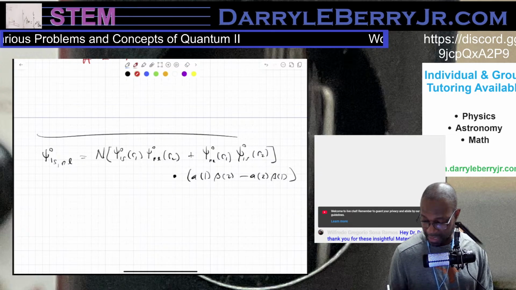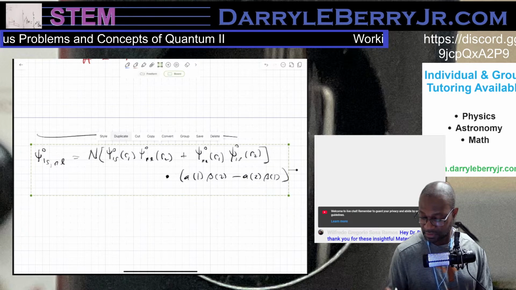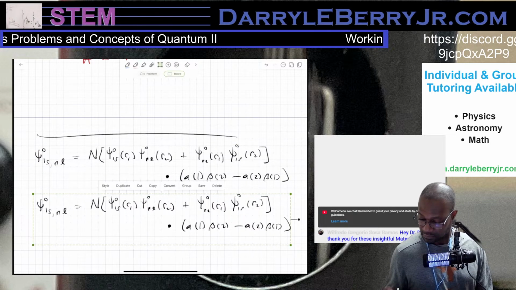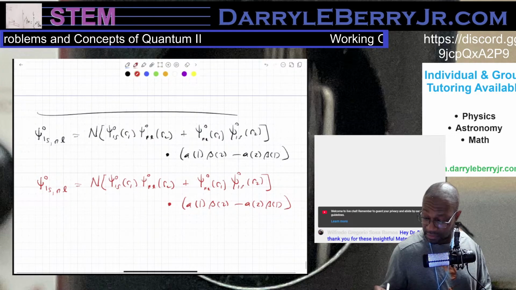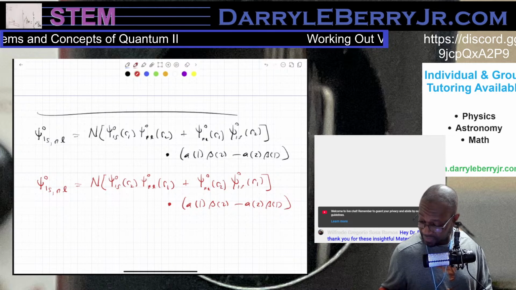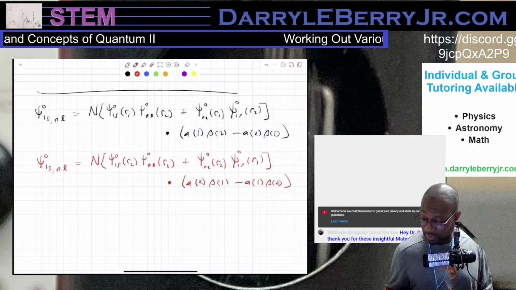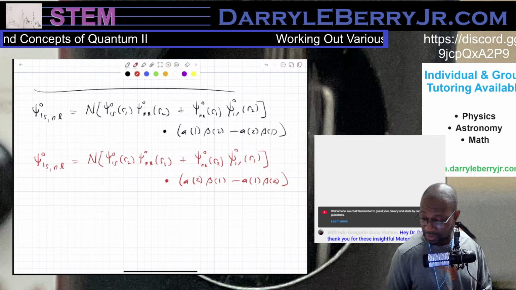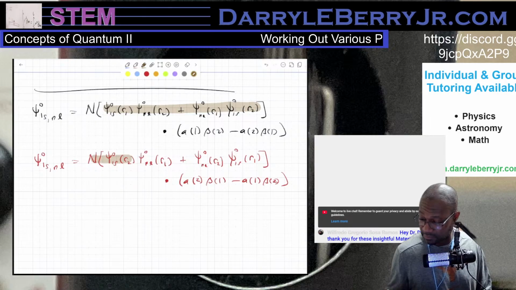If I were to swap, and actually I'll go ahead and do that. So I have it written out. So if I were to swap R1 and R2 everywhere I see them, and if I were to swap 1 and 2 everywhere I see them, if we compare these two equations, for one, we notice that these two are the same, these two here.